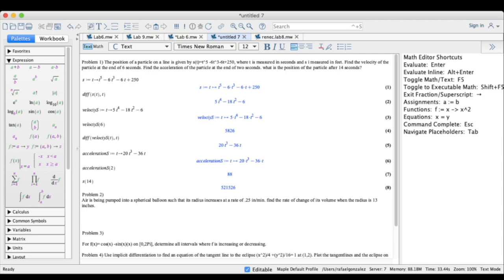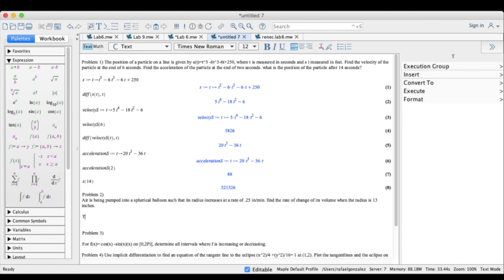One of the things that we need to know is that the volume of a sphere is given by the following formula.